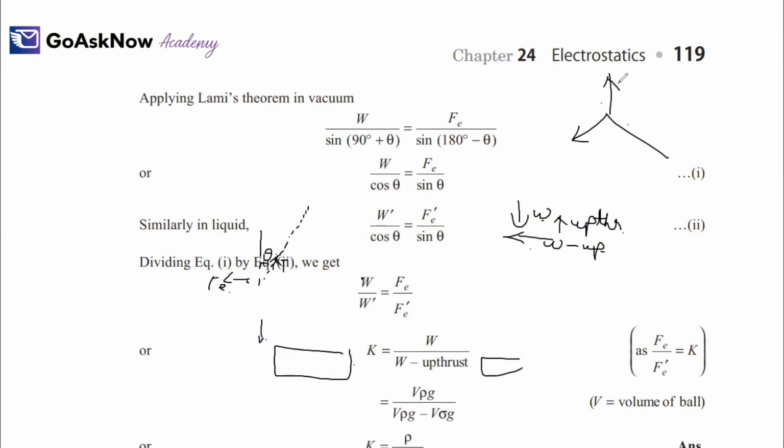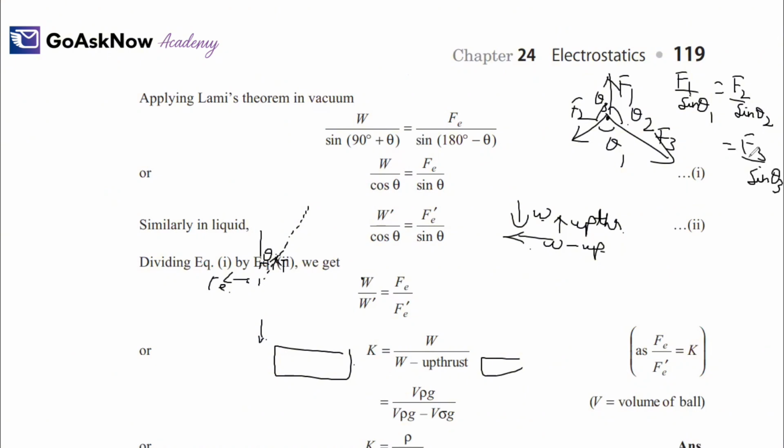Like F1, F2, and F3 forces are acting here, passing through a single point, they are concurrent, and the angles between them are theta 1, theta 2, and theta 3. So you have the relation that F1 by sine theta 1 equals F2 by sine theta 2 equals F3 by sine theta 3.